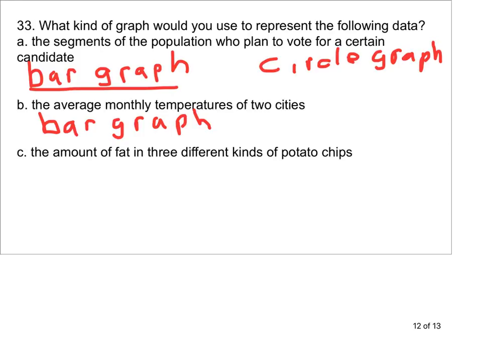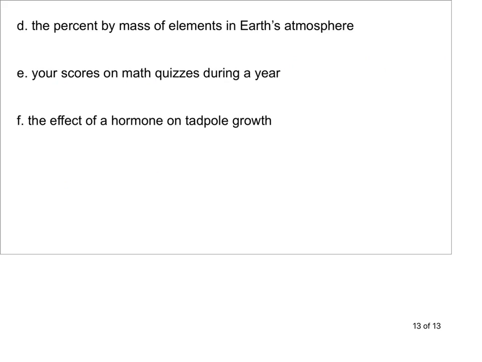The points in between the dots really don't mean anything, so bar graph best here. Amount of fat in 3 different kinds of potato chips. Definitely a bar graph would be good. Percent by mass. See that word percent, you can always do a circle graph.